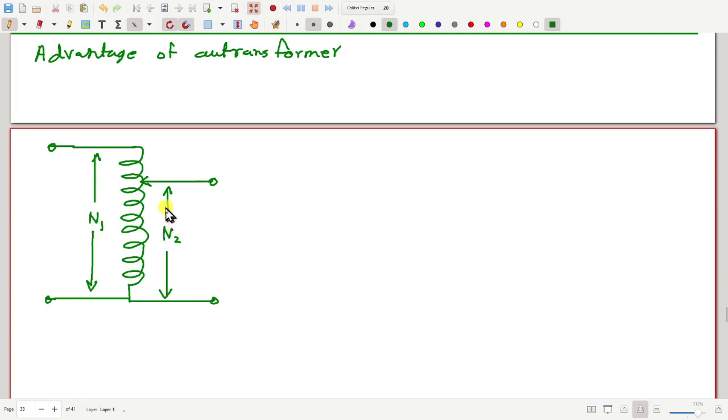Here N1 is slightly larger than N2. So suppose N1 by N2 is close to 1. Let me write close to 1.